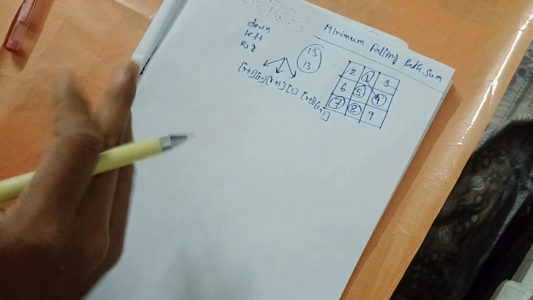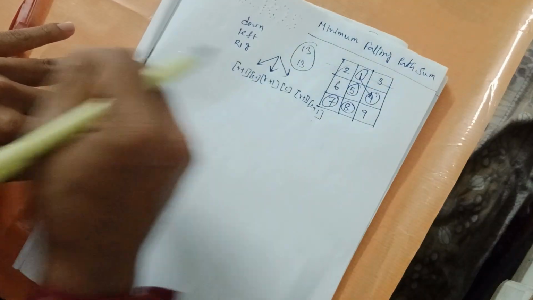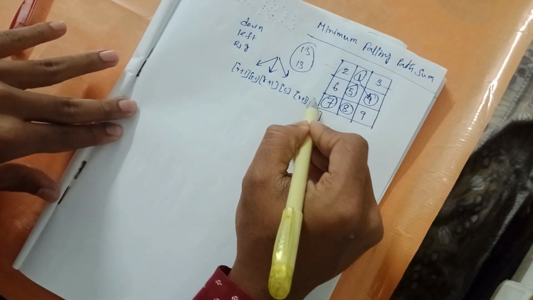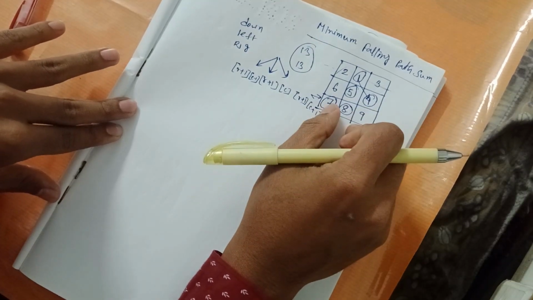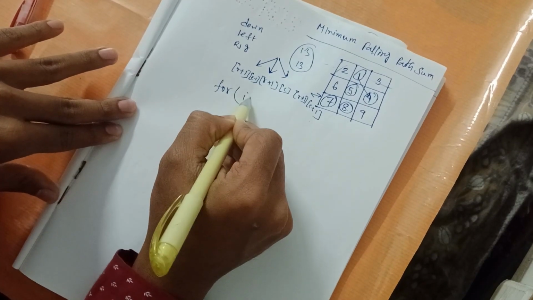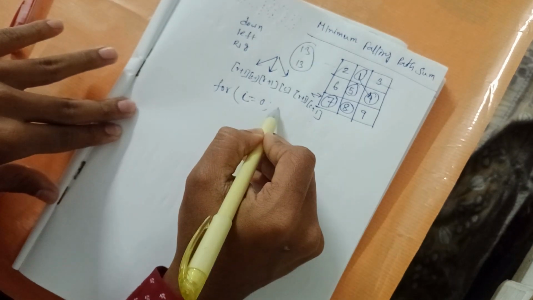Okay, so I will write the recursion first. In recursion I start from anywhere: the last row, and any column. So I write a for loop, c from 0 to the column size.